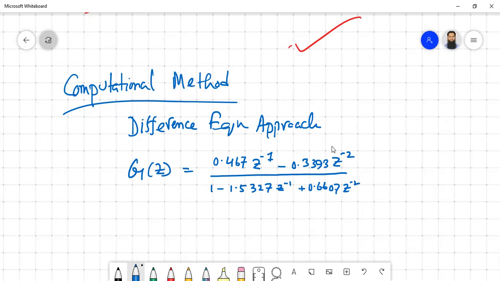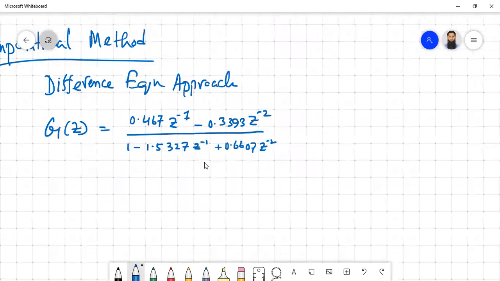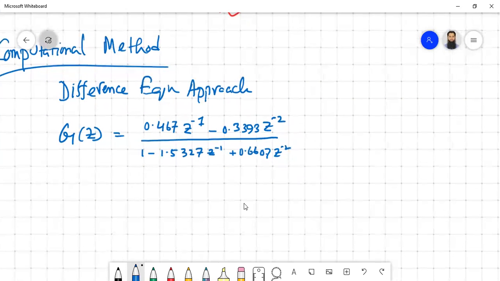So the difference equation method is useful with the other form, that is, positive powers of z. That is why we are going to multiply both by the highest power of the denominator, which is basically z squared. If you multiply by z squared, then all the parameters will go to positive powers of z.